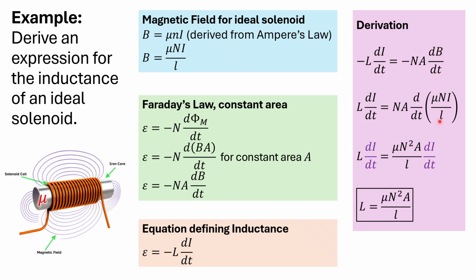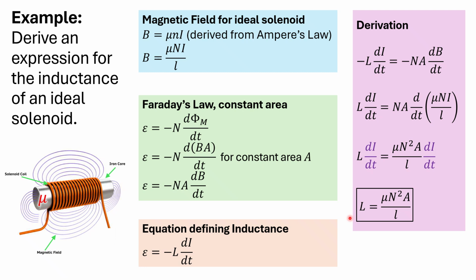If we then substitute in the expression for the magnetic field of an ideal solenoid, factor out the constants, and we recognize that we have the rate of change of current di dt on both sides of the equation in purple here, so everything else must be L. We have the permeability of our solenoid, the number of windings around the core squared, the cross-sectional area of our solenoid, and divided by the length of the solenoid. So there we have it. This is the inductance of a solenoid.